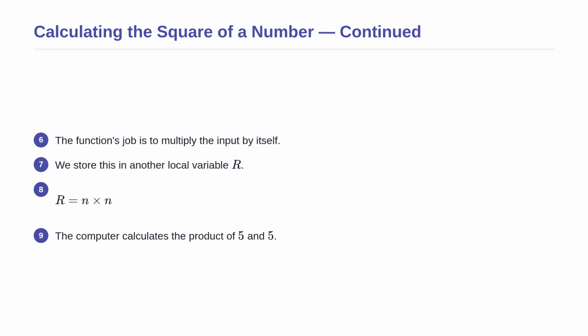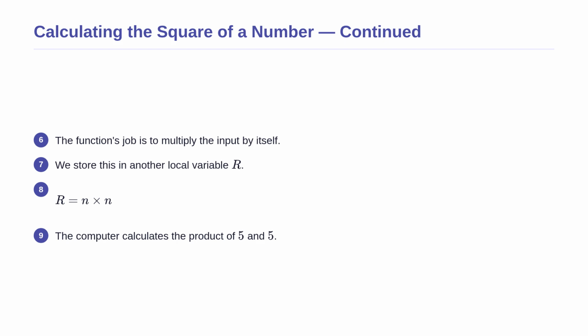Continuing with our calculation, the local variable n now holds the copied value of 5. The function's specific job is to multiply this input by itself. To keep things organized, we will store this intermediate calculation in another local variable called r. The function executes the multiplication, setting r equal to n times n.